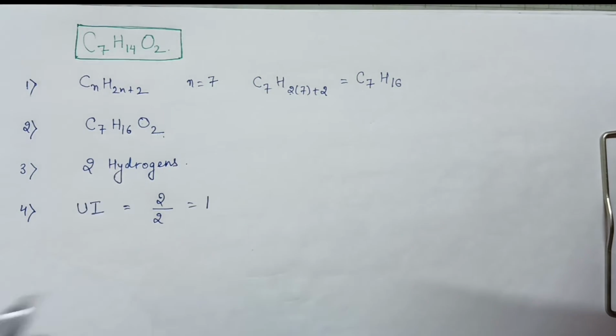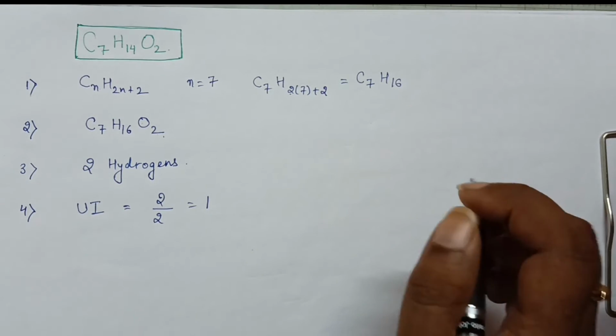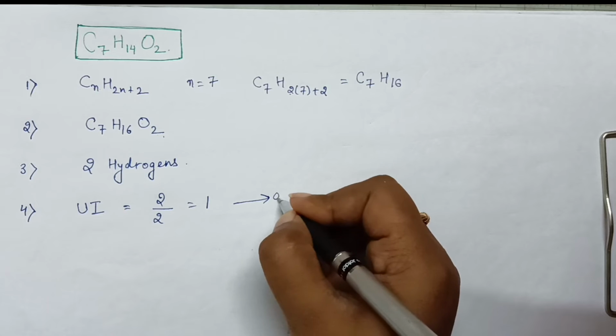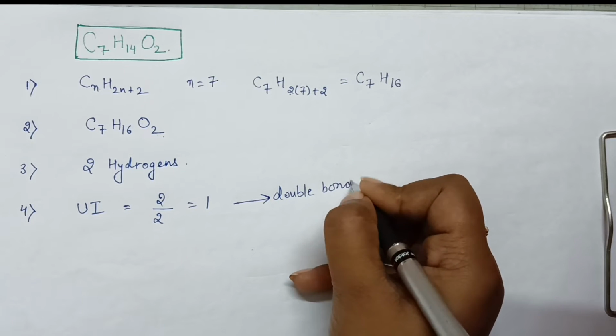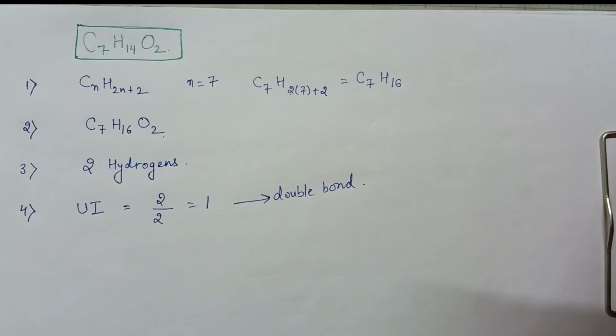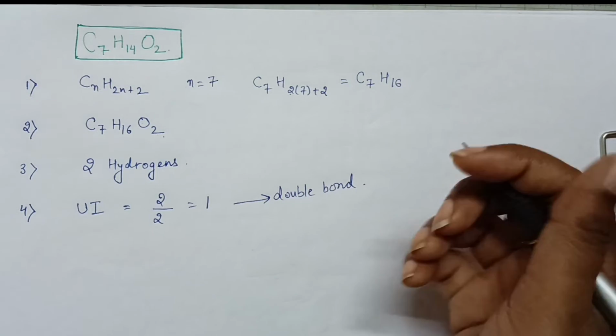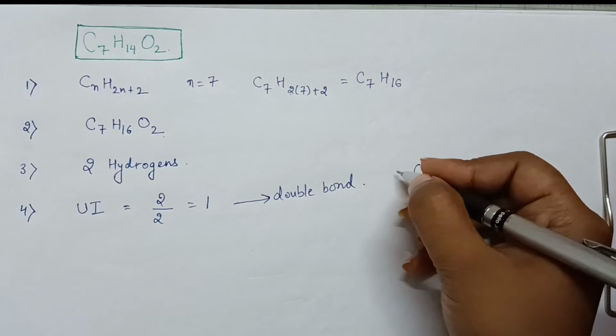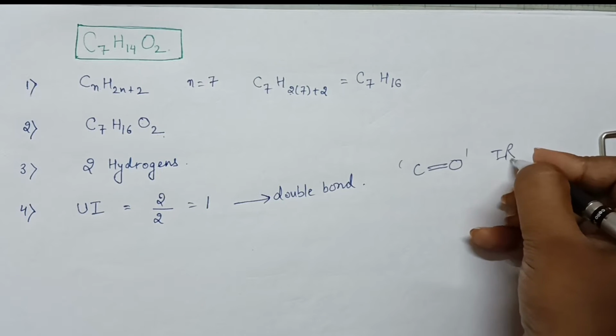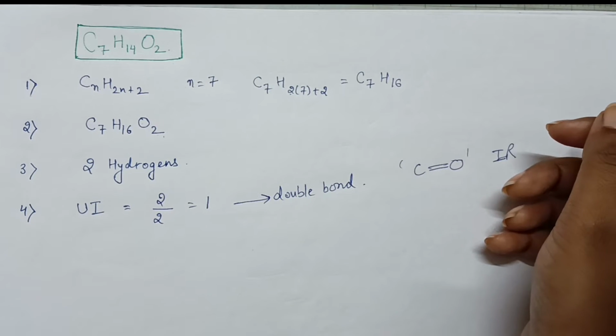So now we have this information. Using this information we can predict that it can have one double bond in the structure, right? Now if we further go for IR spectrum, then we can confirm the presence of a carbonyl bond, C double bond O, using the IR spectrum, right?